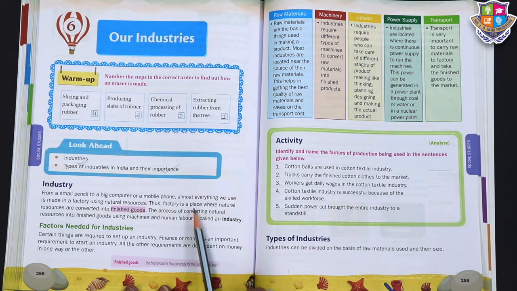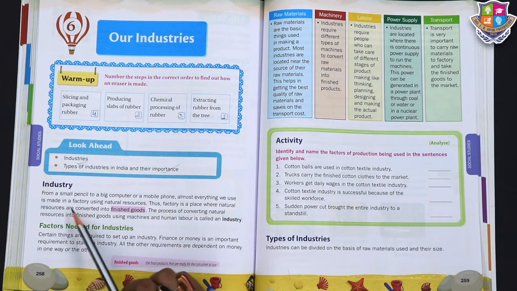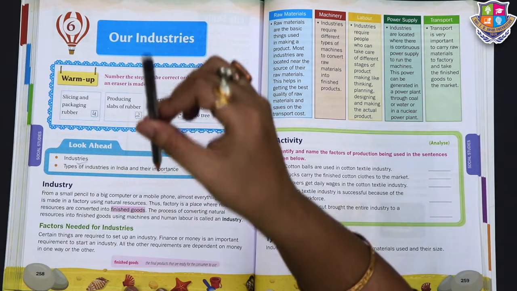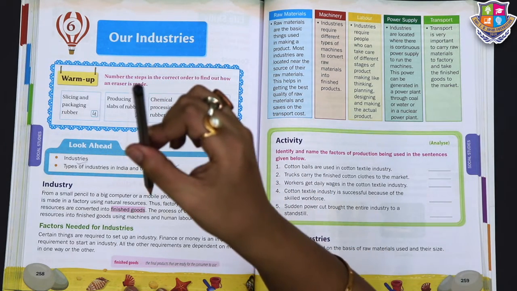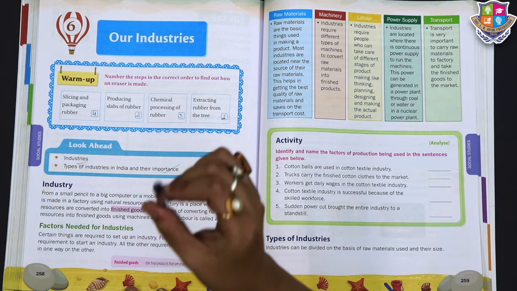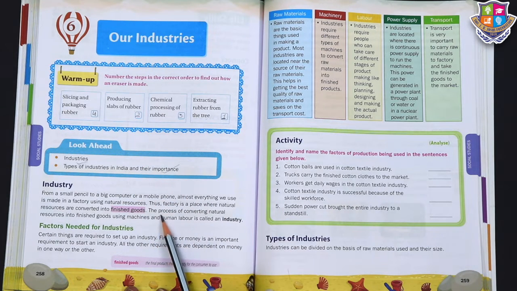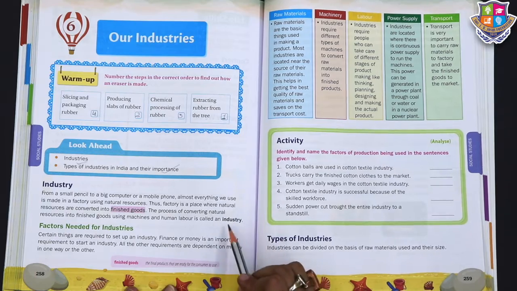Thus, a factory is a place where natural resources are converted into finished goods. This is a finished product. It comes from the factory. A factory makes the raw material into finished goods. The process of converting natural resources into finished goods using machines and human labor is called an industry.